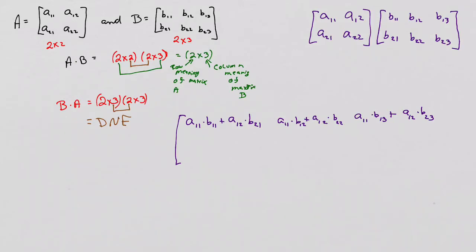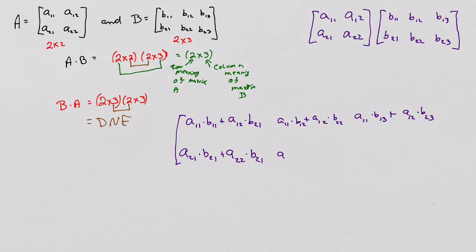All right, so that row's done. Let's go down to the second row. We have to do each row multiplied by each column. So we are going to be doing this row now by each one of these columns to get my new matrix. So here we go. We're doing A sub 2,1 times B sub 1,1 plus A sub 2,2 times B sub 2,1.